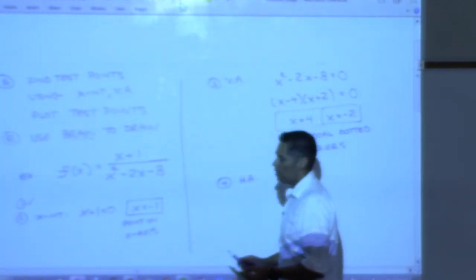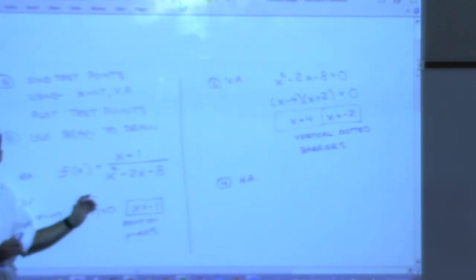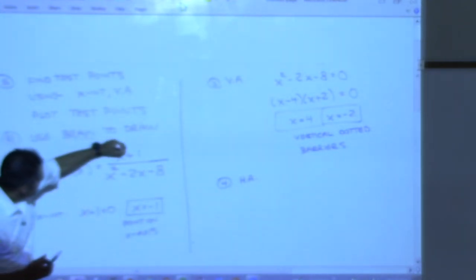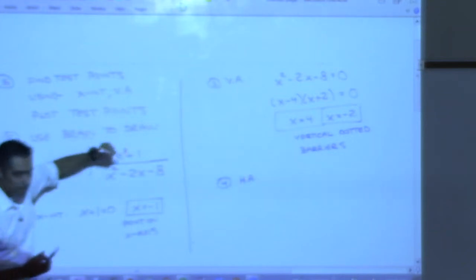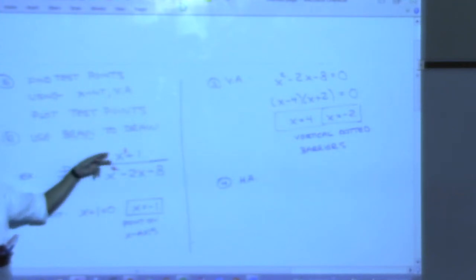We're going to come over to our rational function and compare the degrees of the numerator and denominator. The degree of the numerator was 1. We talked about this in the very beginning. The degree of the denominator is 2. The numerator's degree is smaller than the denominator's. I told you there were 3 different cases: this is smaller than this, or this is bigger than this, or they're the same.